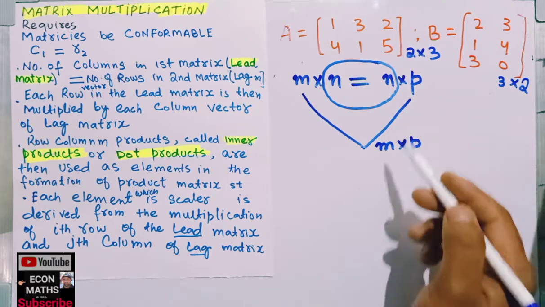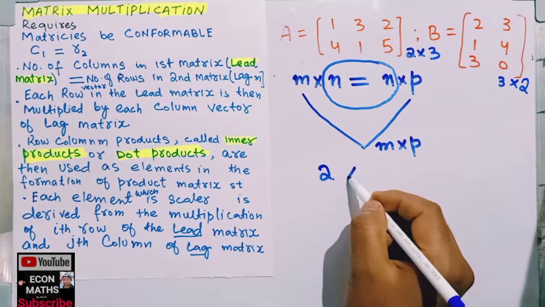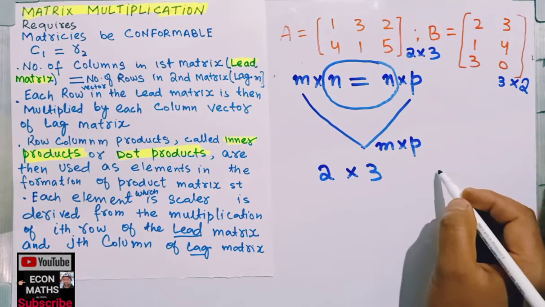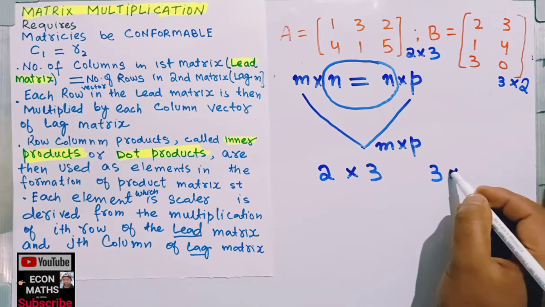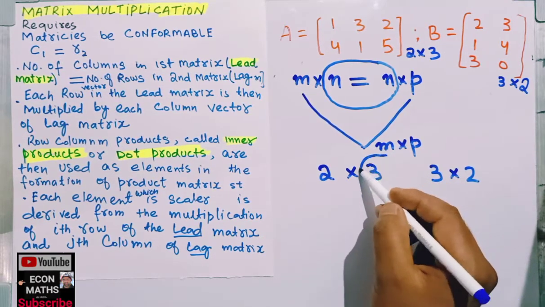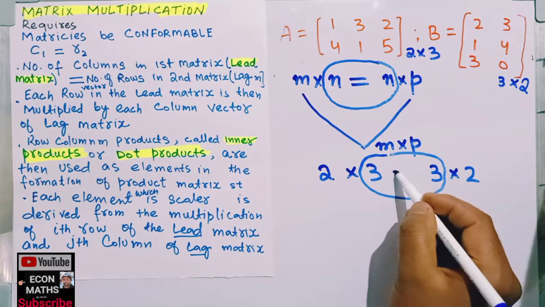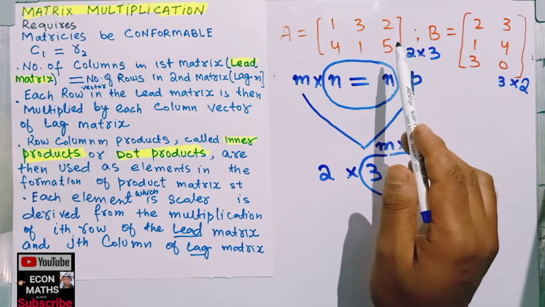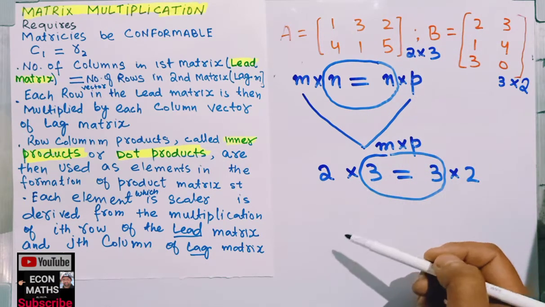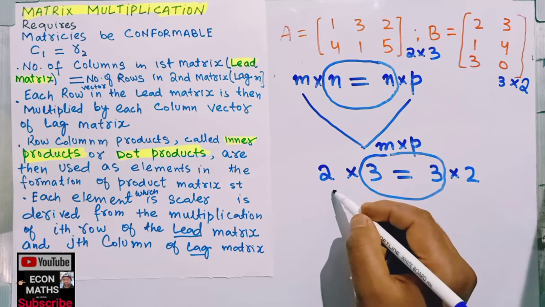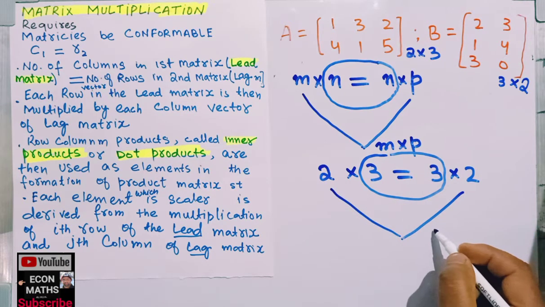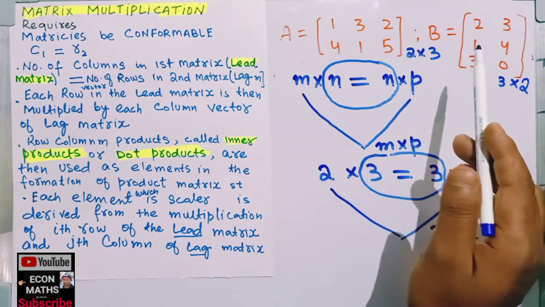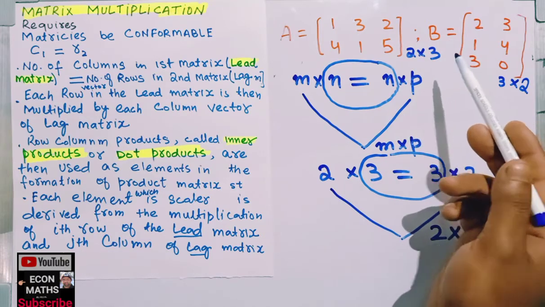Therefore we can see here 2 into 3, and I will write the dimension of this like 3 into 2. Since these two numbers are equal, these two matrices are conformable, and the resulting matrix after multiplication will be of dimension 2 by 2. So this is an example of two matrices which are conformable.